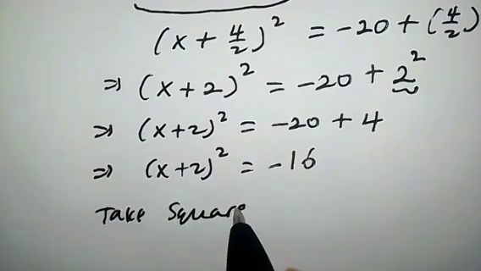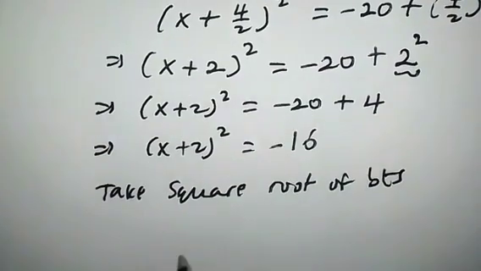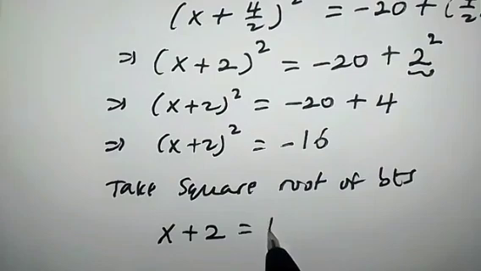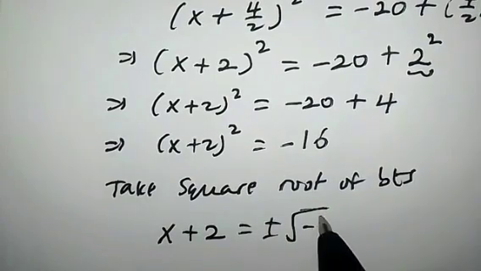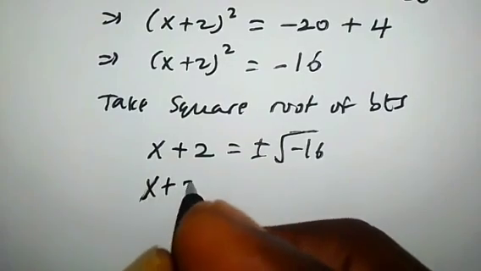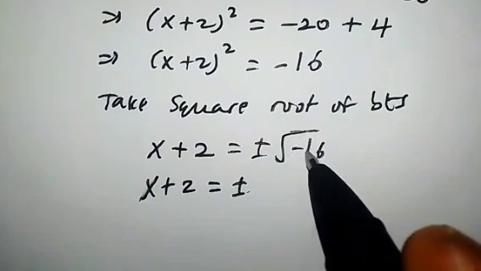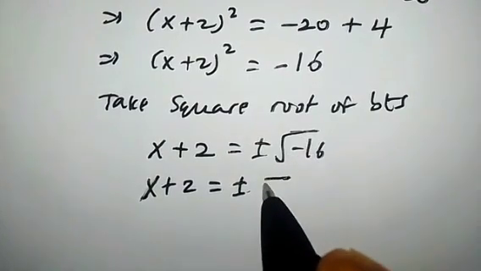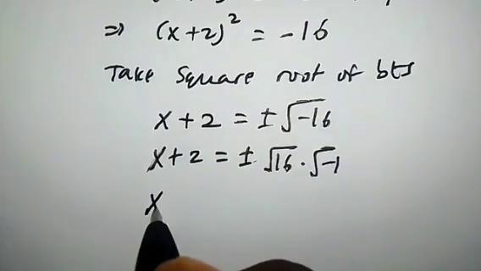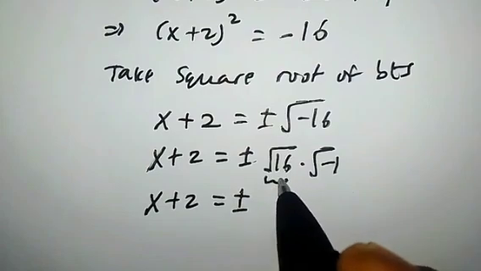Now, take the square root of both sides. So that will be x plus 2 equal to plus or minus square root of minus 16. x plus 2 is equal to plus or minus square root of 16 times square root of negative 1. x plus 2 equal to plus or minus, what is square root of 16?